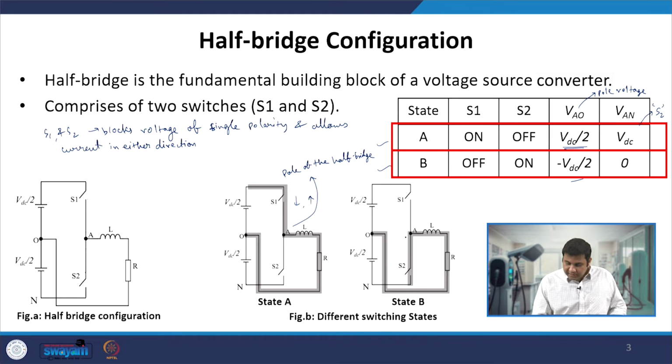Since switch S2 is on, the voltage between A and N is 0, and that voltage appears across S1. So S1 blocks the voltage VDC with this polarity, because VDC will always be of this polarity. So S1 always blocks the voltage of this polarity.